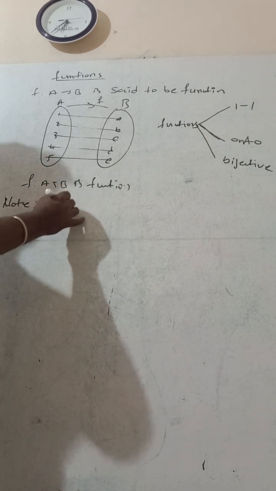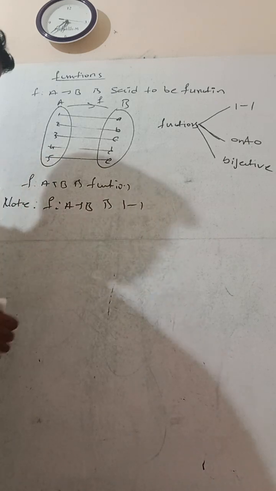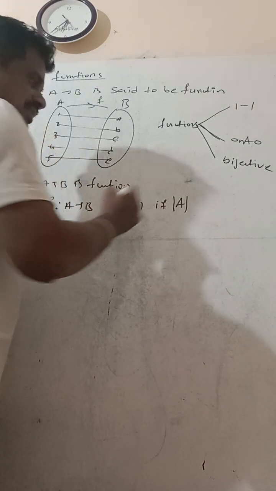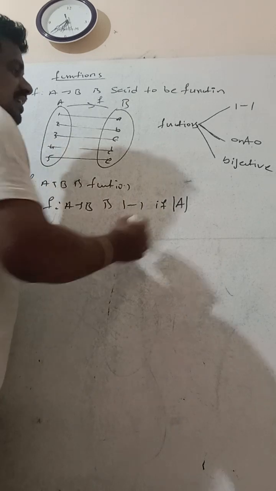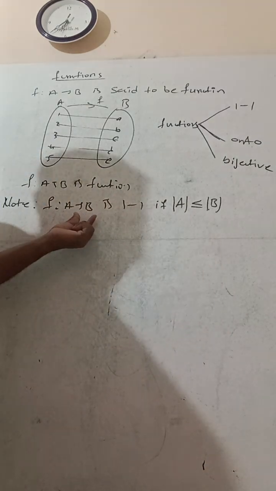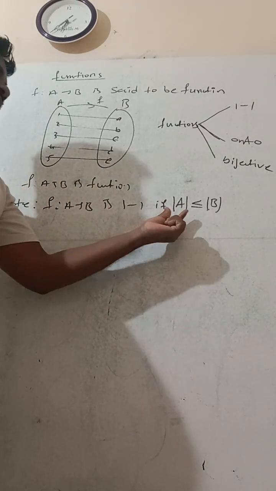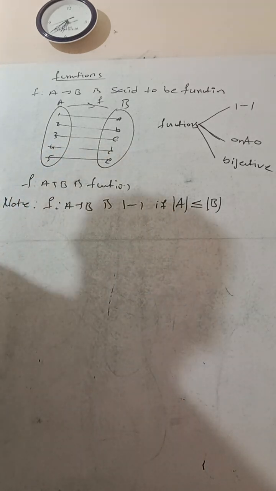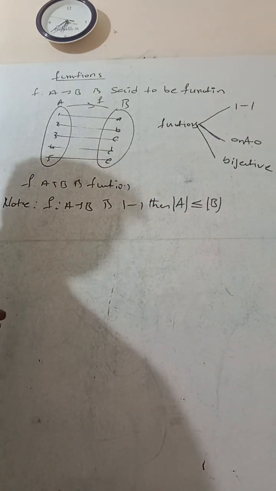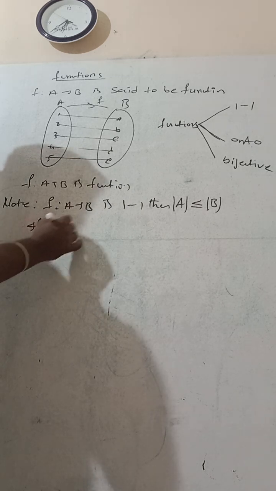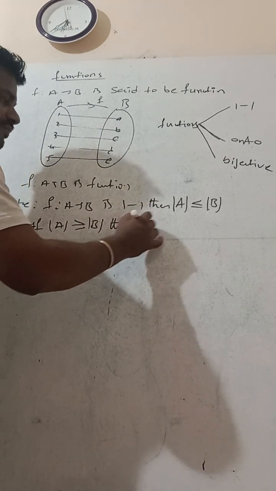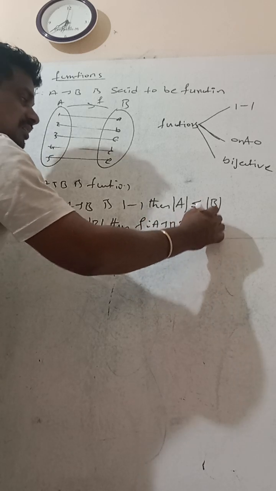If f from A to B is one-one, then the number of elements in A is less than or equal to the number of elements in B. If the order of A is greater than the order of B, then f from A to B is not one-one.